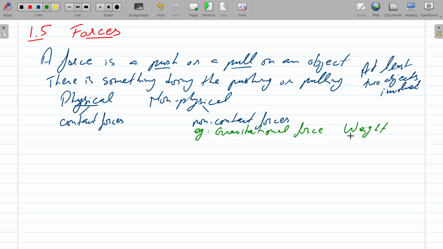Weight is the gravitational field acting on a mass, and so weight is a force, and it is a gravitational force. You also have magnetic forces and electrostatic forces.